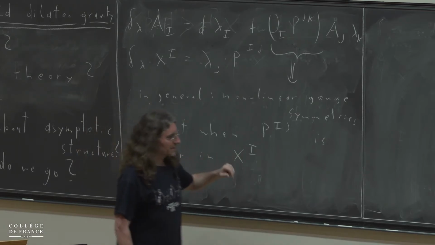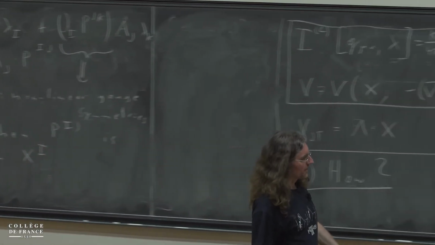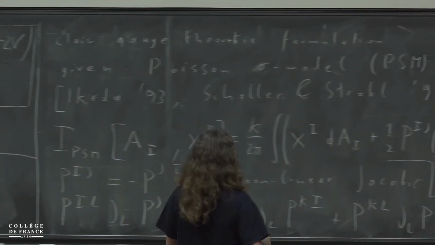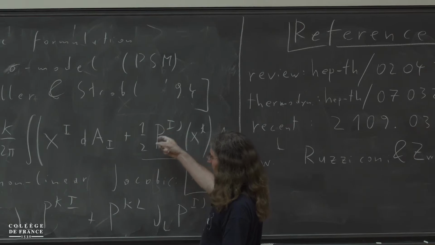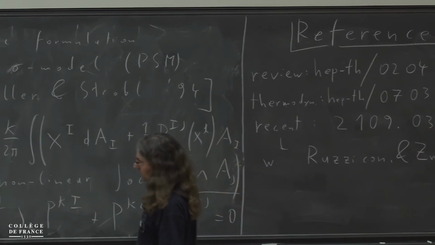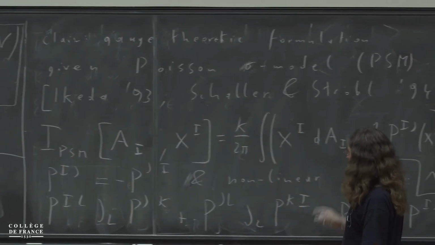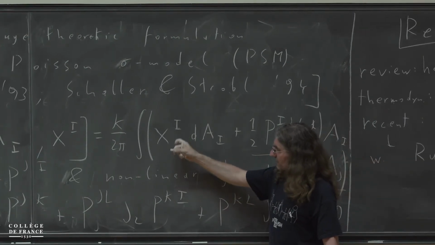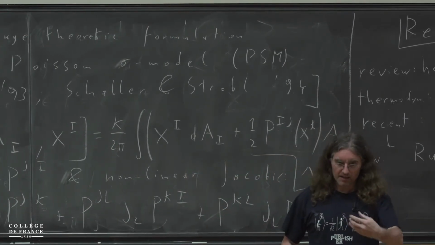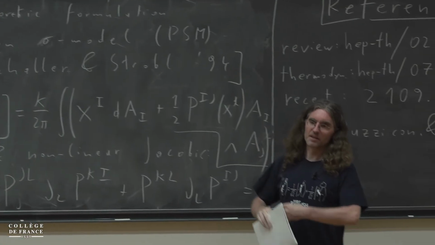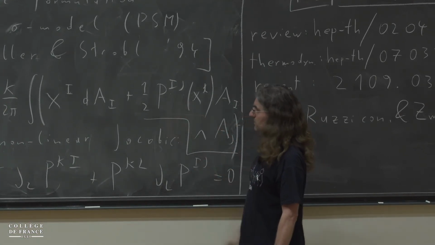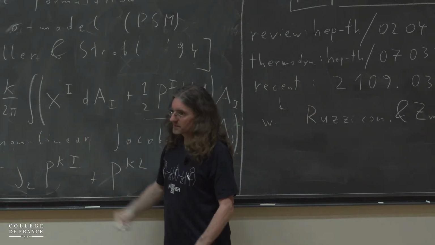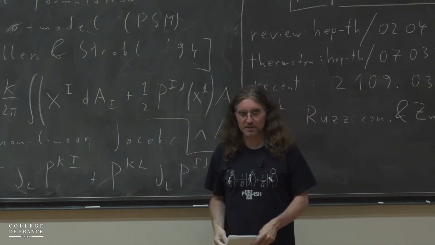And maybe I should explain the name, why it's called Poisson sigma model. Well, Poisson is hopefully clear because it's defined by the Poisson tensor, p^{ij}, and sigma model because you can interpret the scalar fields ξ^i as target space coordinates. So you have a target space manifold that is a Poisson manifold equipped with this Poisson tensor, and the ξ's you can interpret as target space coordinates on that Poisson manifold.